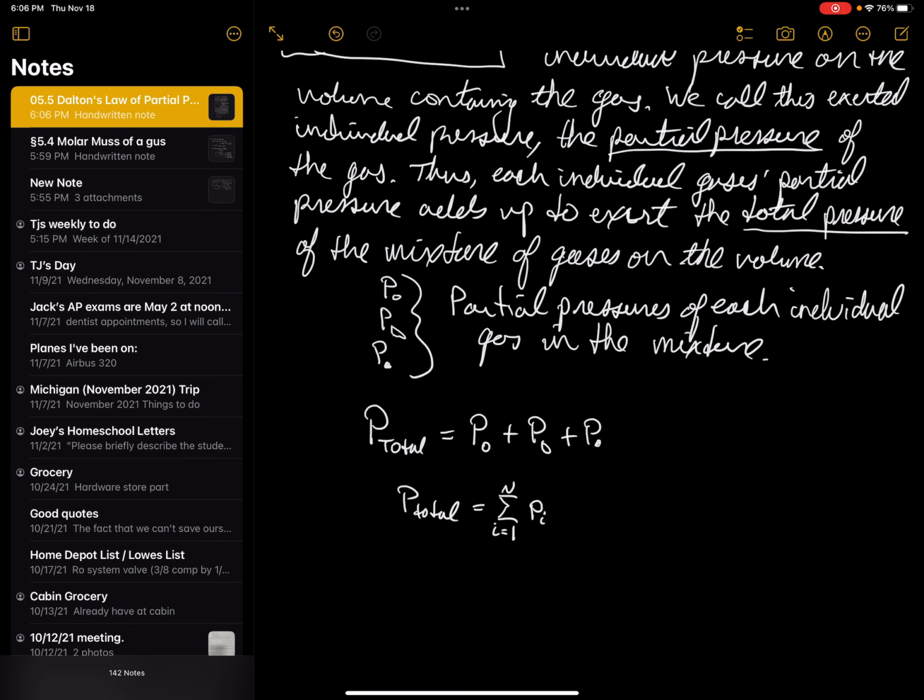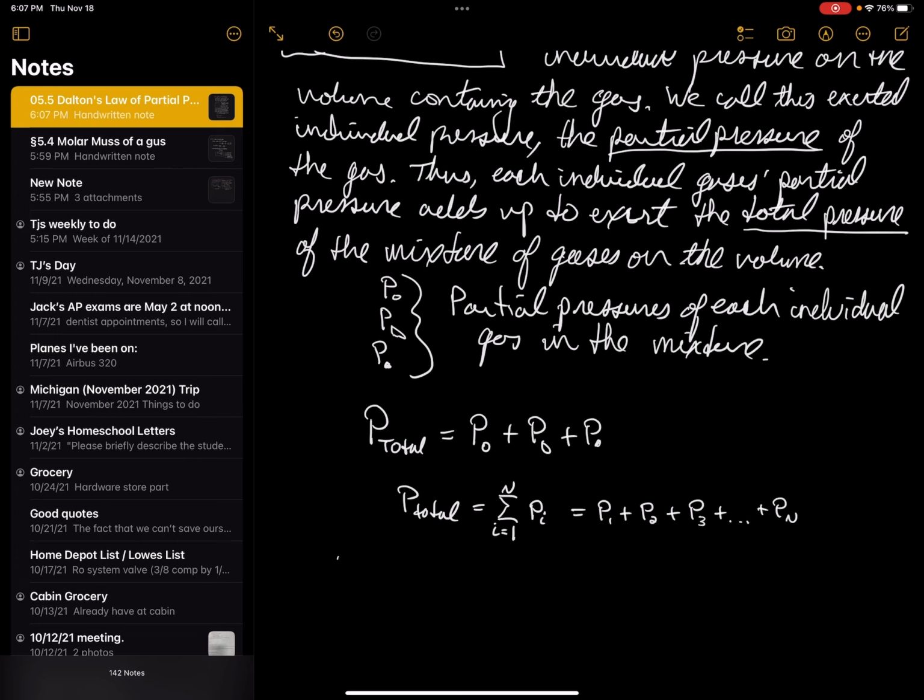Okay? So this notation is basically the same as saying P1 plus P2 plus P3 plus ... plus P sub n, where P1 is the partial pressure of gas 1, P2 is the partial pressure of gas 2, P3 is the partial pressure of gas 3, all the way up to Pn, which is the partial pressure of gas n.